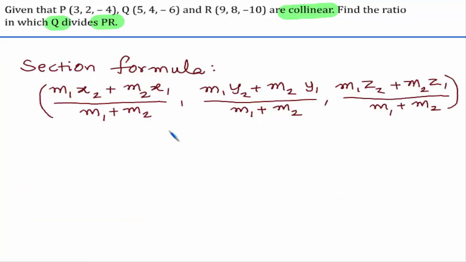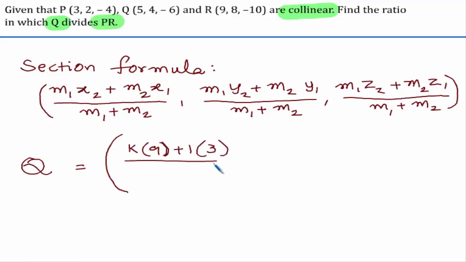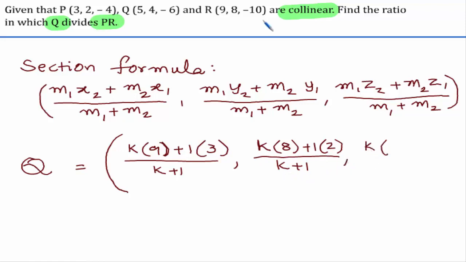Let us use this formula to find out the coordinates of Q. So the ratio is K:1, therefore K into 9 plus 1 into 3, I am considering P and R here, by K plus 1, and here K into 8 plus 1 into 2 by K plus 1, K into minus 10 plus 1 into minus 4 by K plus 1.